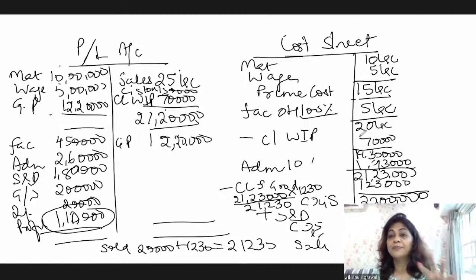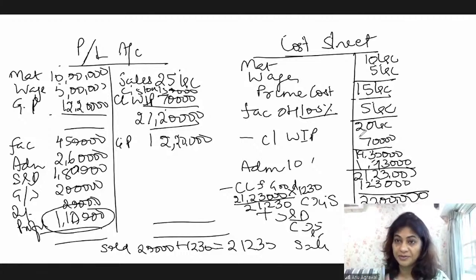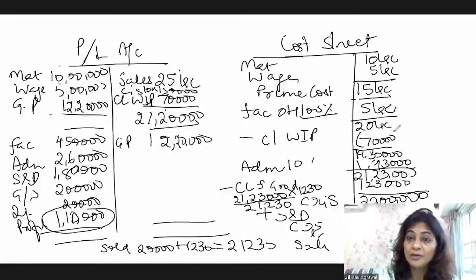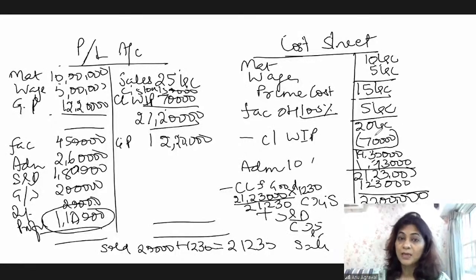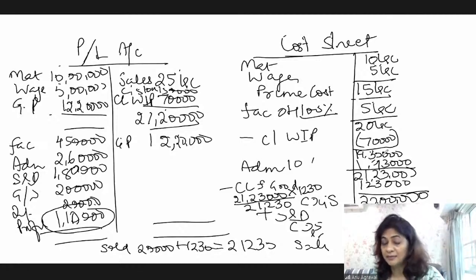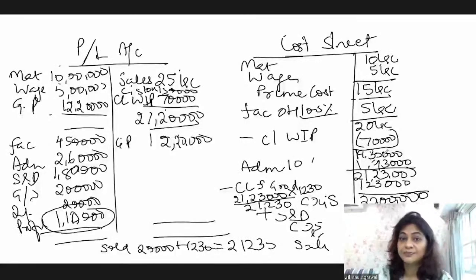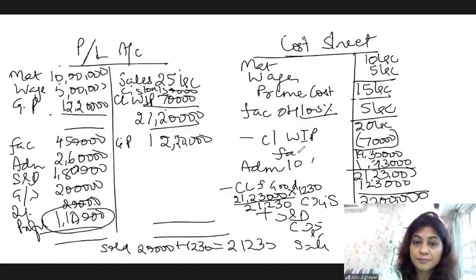Material was given 30, wages was given 20. Right? And factory overhead I absorb how? 100% of the wages. So wages is 20, so 100% of it, factory overhead will be 20. So value of WIP will be 30 plus 20 plus 20, which is 70. Which is by default coming out to be the same. But it's not essential. Now I get my factory cost, which is how much? This is my factory cost. Yes.